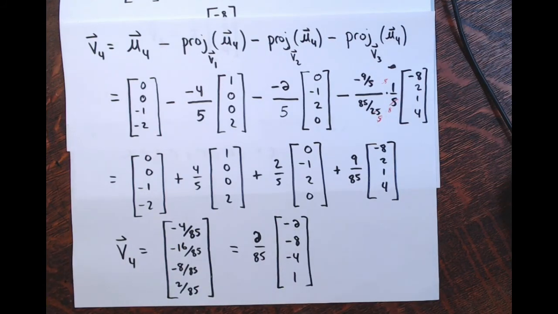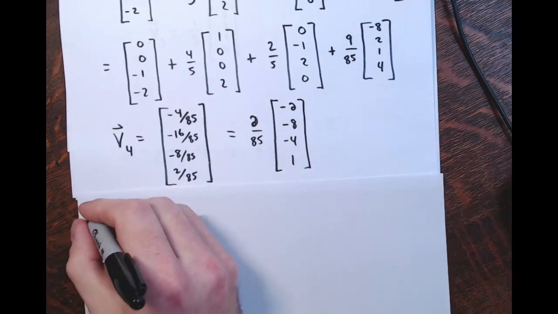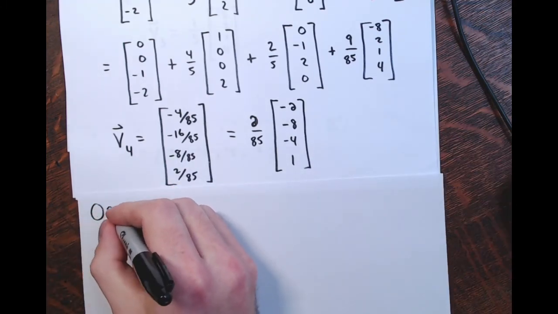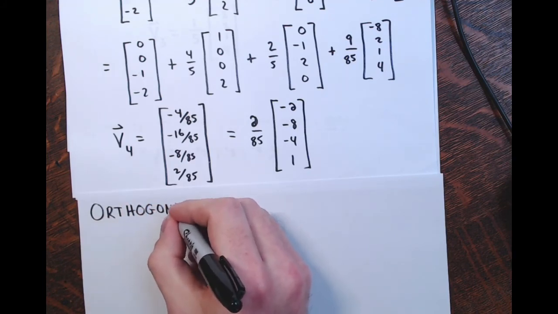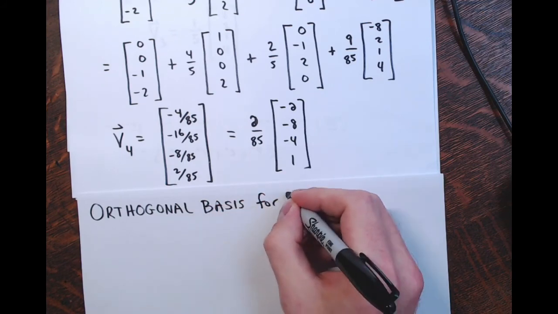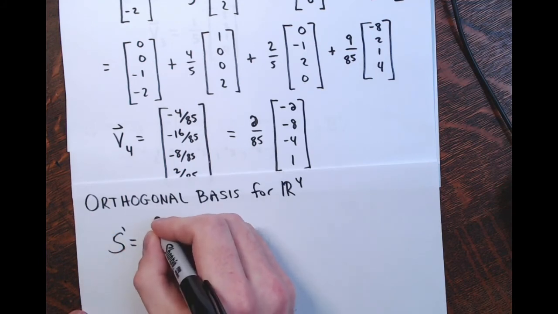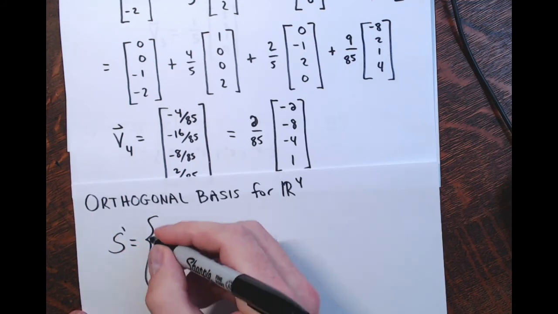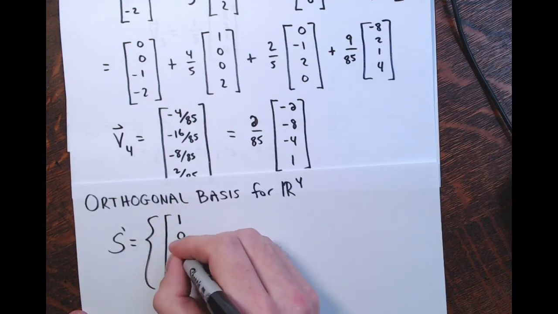So after all that, you see how tedious this can be, especially with a larger set of vectors. But after all that, we have constructed this orthogonal basis for R4, and I was calling it S prime. It had V1, which was the same as U1, so the vector 1, 0, 0, 2.